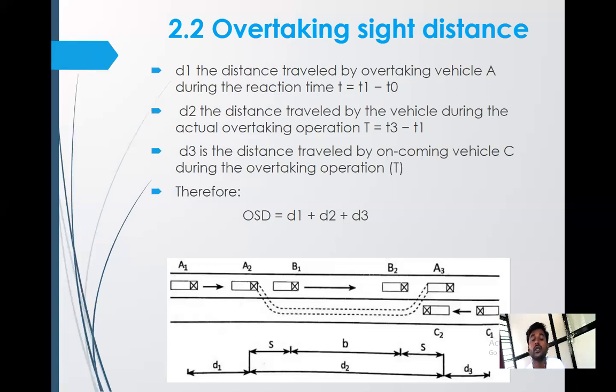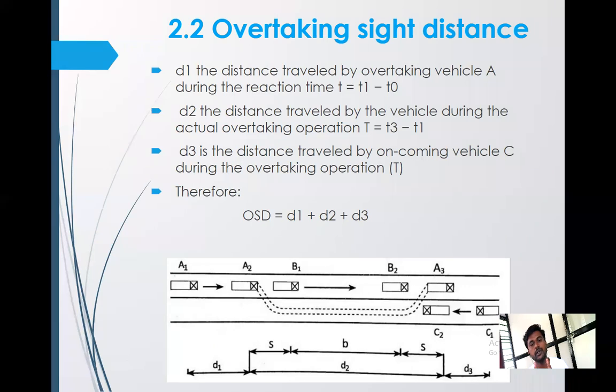Because during the reaction time, it is assumed that the vehicle A is traveling with the same velocity as the vehicle B. As he is at high speed, but he saw the vehicle B, he reduces the speed and goes with the same speed as vehicle B, and he starts to decide whether to go for the overtaking or not during this reaction time.